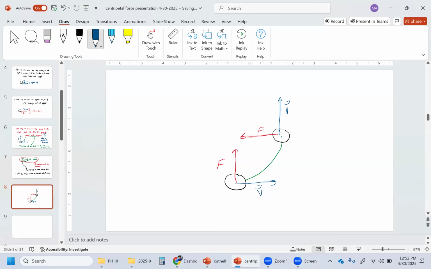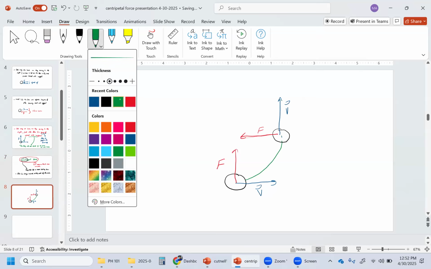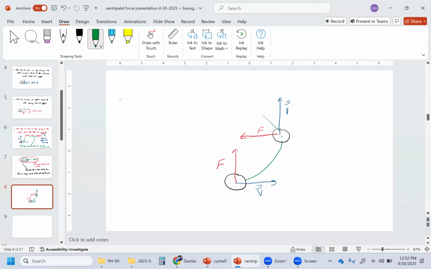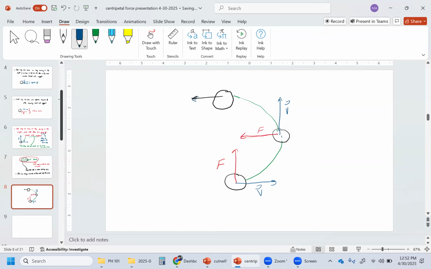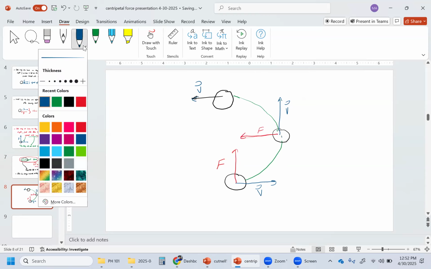And again, the object will turn. So let's say it turns and it's over here. Same thing. We'll just have a velocity, let's say this way, and it will be perpendicular to the force.